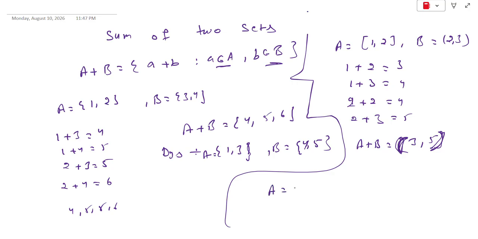So let A = {2}, a singleton, and B = [3, 11]. So A + B is: 2 plus 3 is 5 and 2 plus 11 is 13.